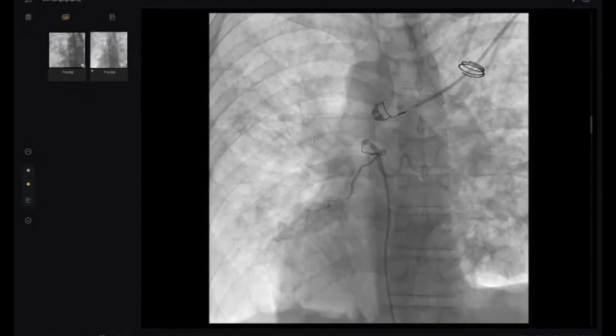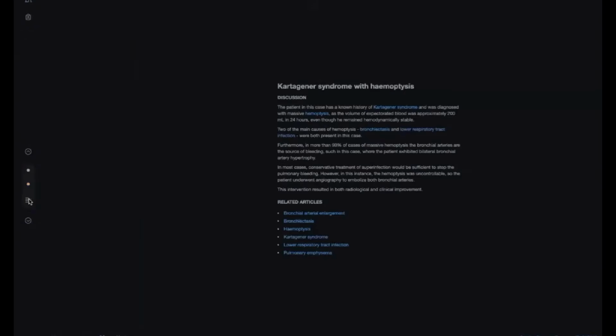Maybe the emboli can go to other vessels. I think maybe the spinal artery, and it will result in infarction. Yes, excellent. Thank you, doctor. Really, it was a very difficult case.